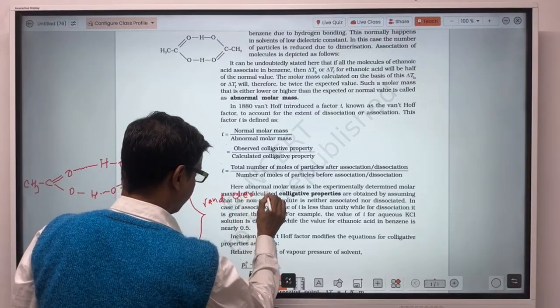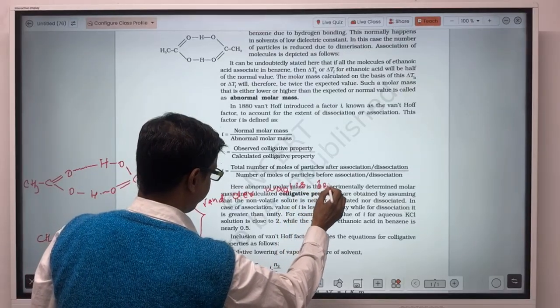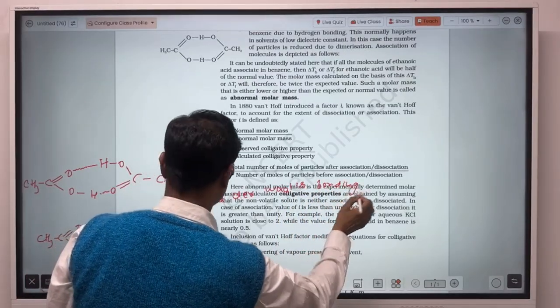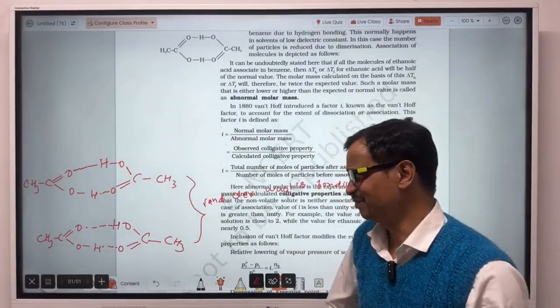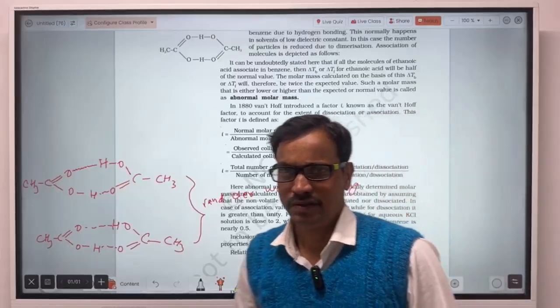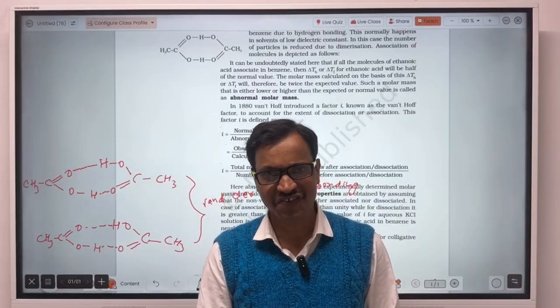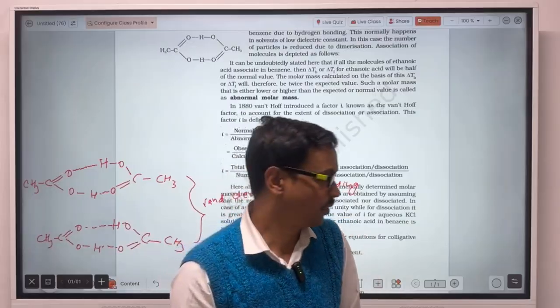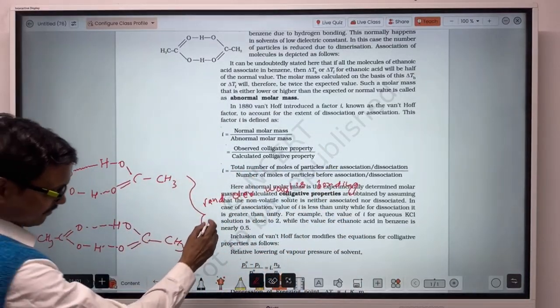Van der Waals bonding. The magnitude of this van der Waals bonding will also be high, though not as much as that of hydrogen bonding, but normally, you know, the greater the molecular weight, the more the magnitude of van der Waals bonding. So this van der Waals bonding will also be high and they will exist in the liquid phase.